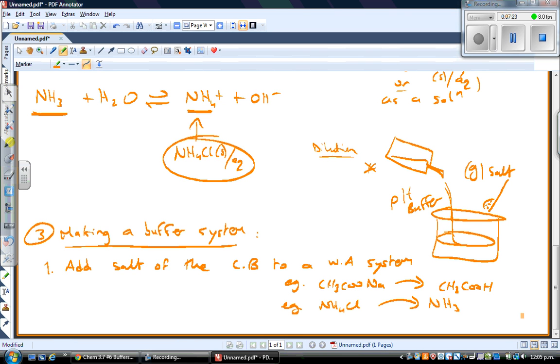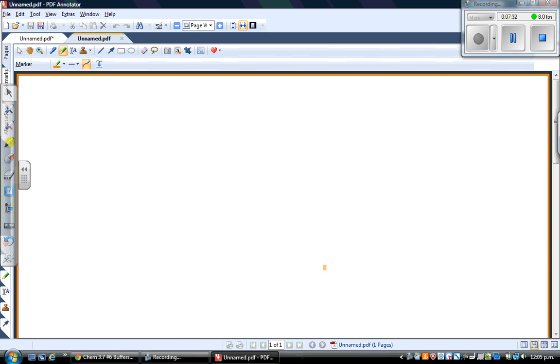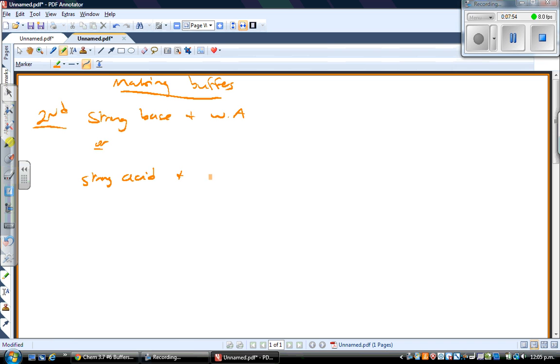The second way to make a buffer system, so we're still talking about making buffers here. The second way is, for example, to take a strong base plus a weak acid, okay, or alternatively a strong acid plus a weak base.